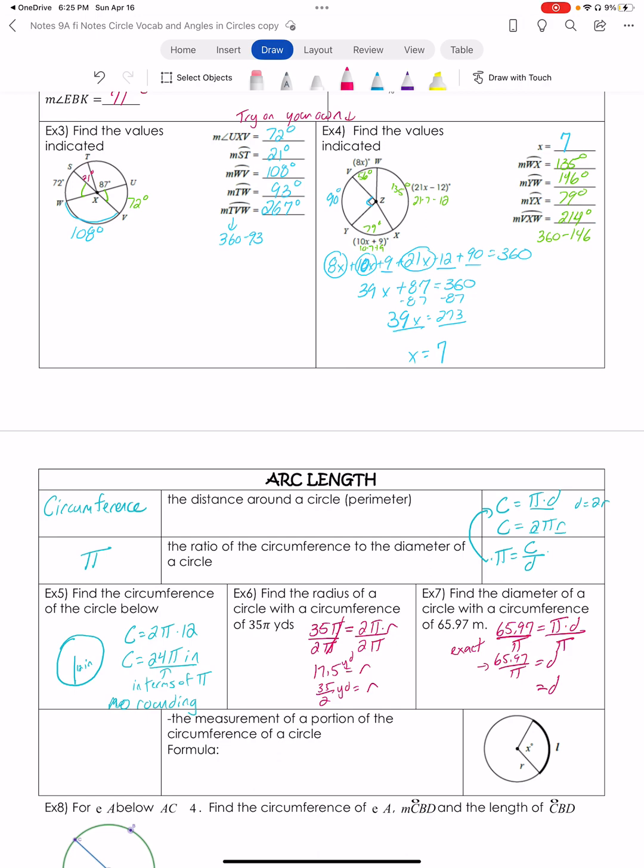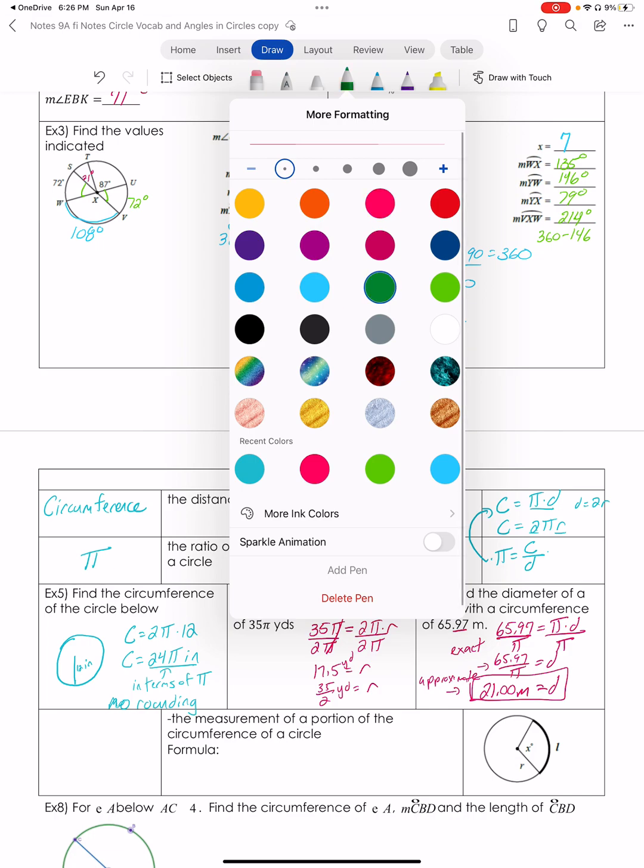Pi button on the calculator is below clear and below the arrows if you're using a TI. All right, and so my diameter is going to be 21.00. I'm just paying attention to this right here, which is that's rounded to 2 figures, meters. Okay, so this is exact and this is approximate. Because anytime you have to round, your answer is approximate.